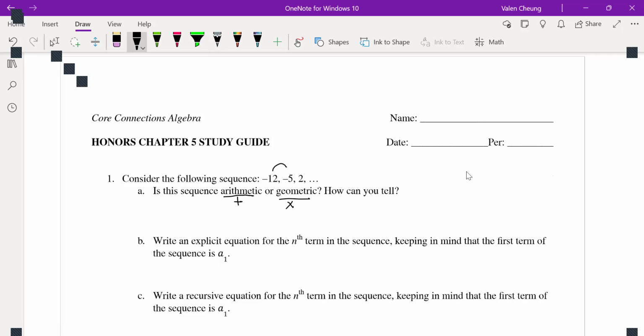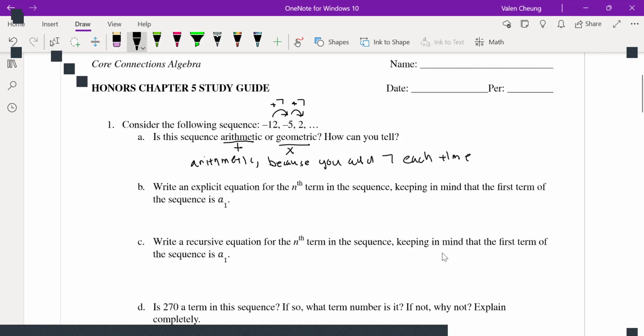So here, you'll see -12, you are adding 7 to get -5, and adding 7 to get 2. So this is arithmetic because you add 7 each time.